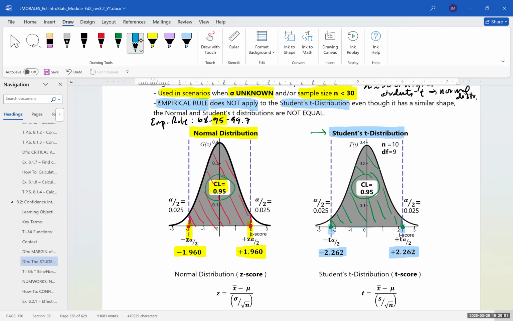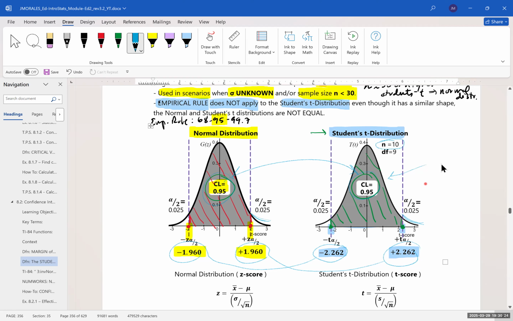So you can see how these values are different, right? So we have the same area, but the values are different because there's a different thickness in the tails between the normal distribution and the student's t. And this particular picture we're looking at here, this is with a sample size of 10.